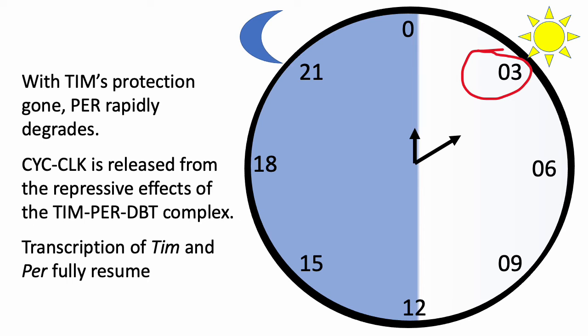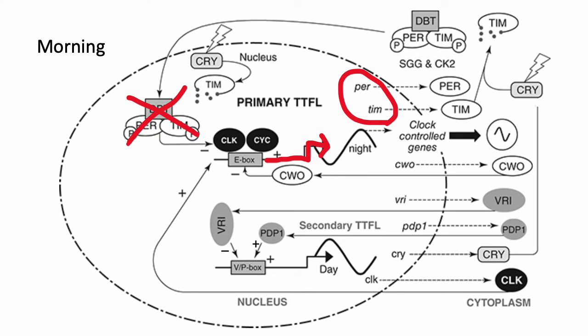So the mRNA production starts up again as our TIM-PER-DBT complex degrades. As you can see here, with the complex out of the picture, per and tim mRNA increase rapidly.